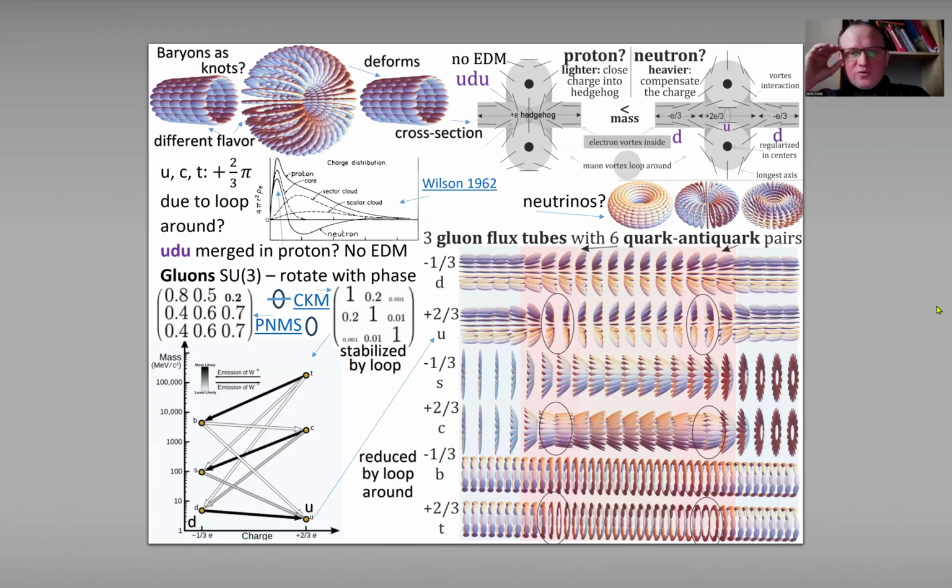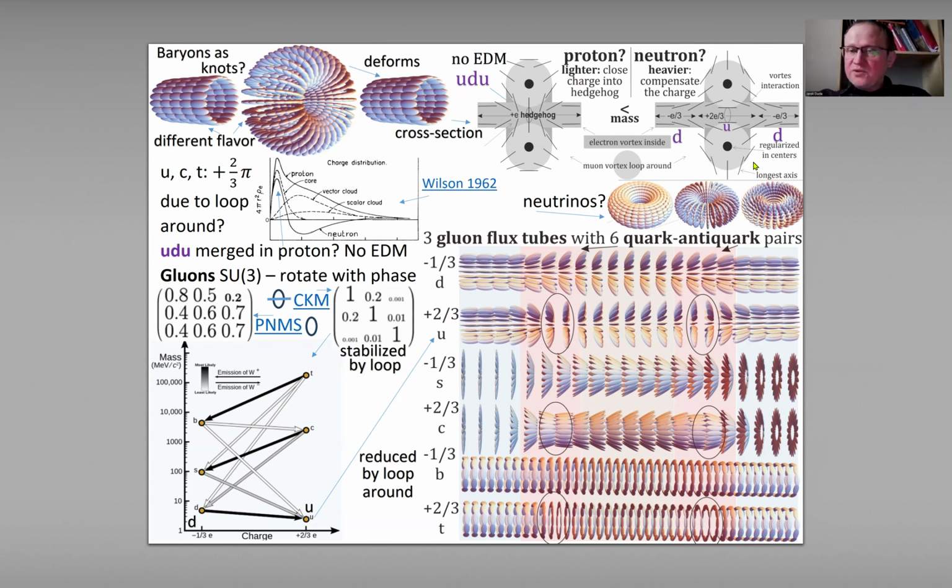So now let's go to the six quarks. As mentioned, we have three types of vortices along one of the three axes, and they could have these local fractional charges: one third, two thirds. Why two thirds? Because it depends on whether there is a vortex around.